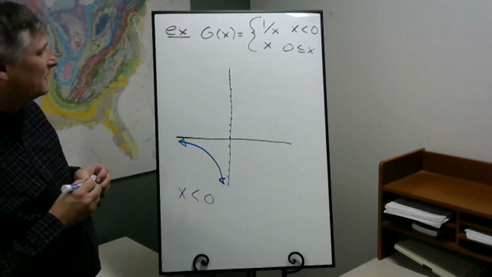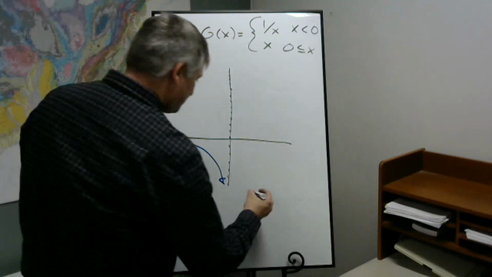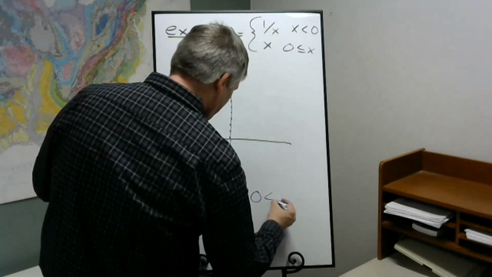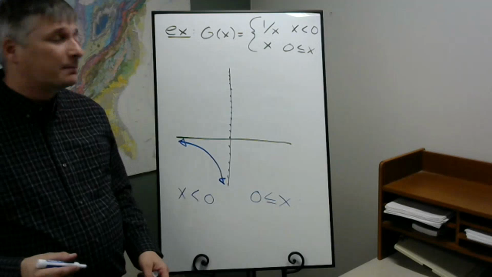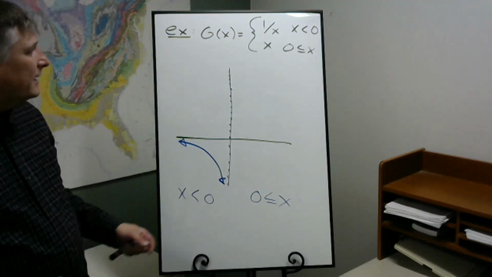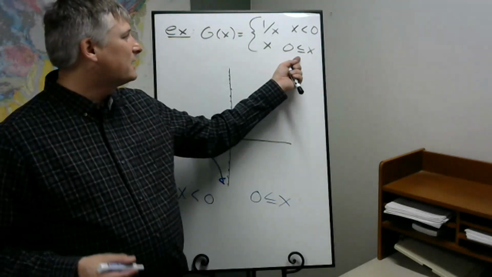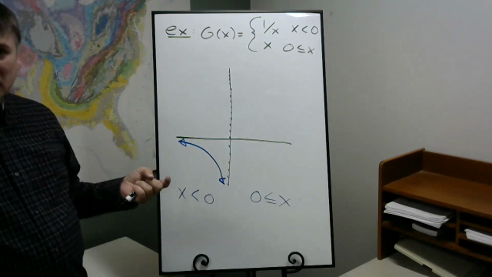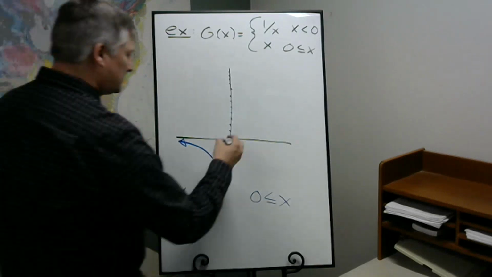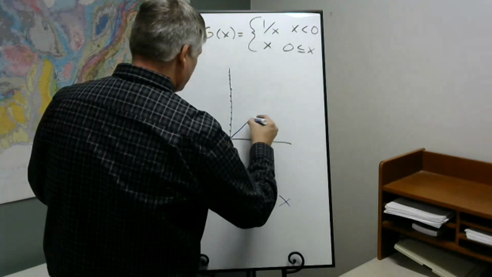All right. So now the second phase. X greater than or equal to 0. Now, keep in mind that we allow x to equal 0. So the function x, the identity function, looks something like this.